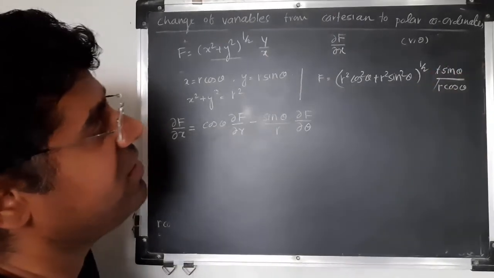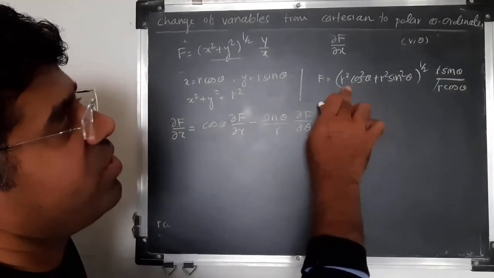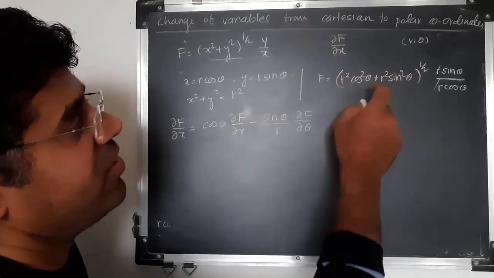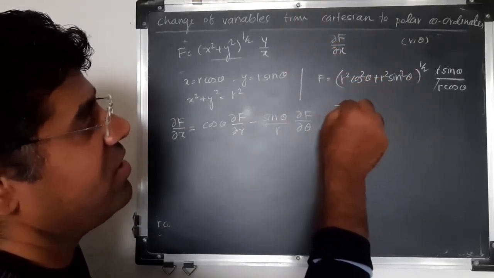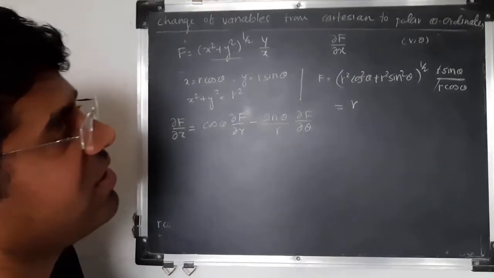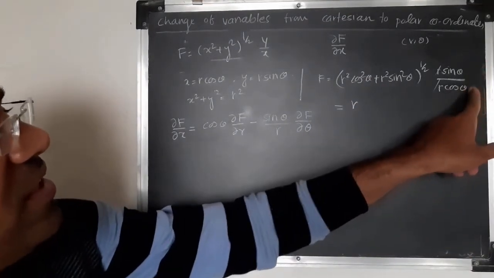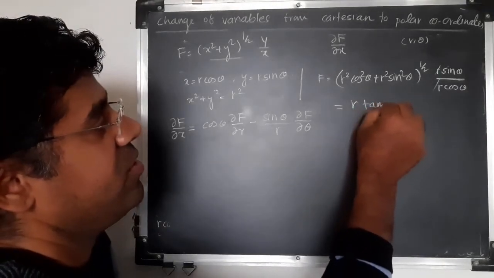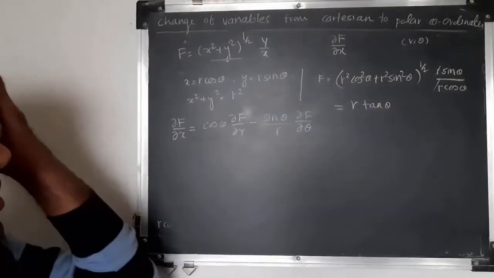The r gets cancelled. Here r² is common, cos² θ + sin² θ is 1, and the square root of r² is r. So I'll get over here r, and sin θ upon cos θ is nothing but tan θ.